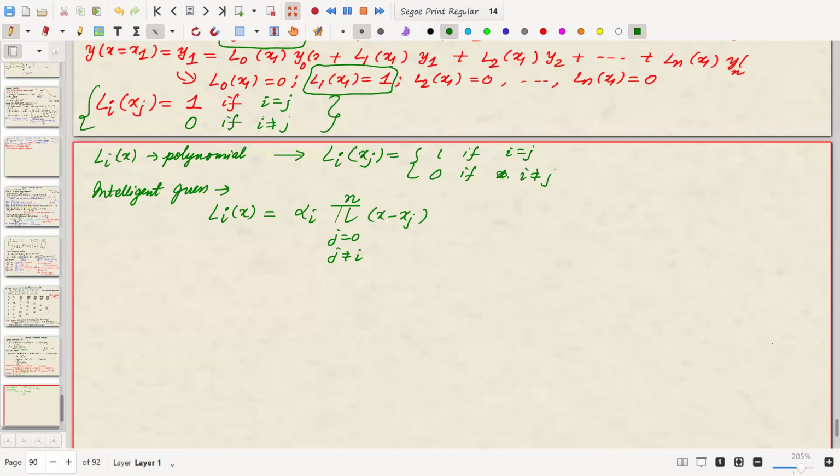Why I'm telling you is, if this is the form and you are substituting x equals xj here, Li of xj is 0 if i is not equal to j. If it is 0, there should be something like x minus xj in this expression, because if you substitute xj, then xj minus xj will be 0.